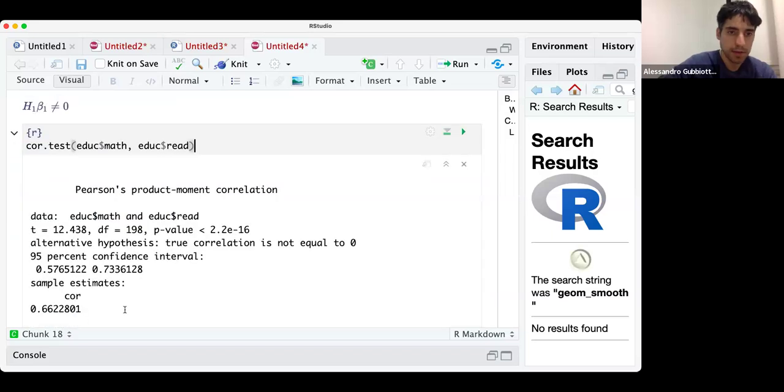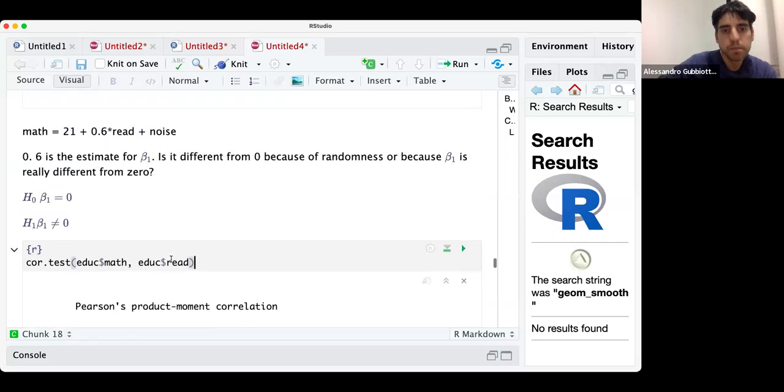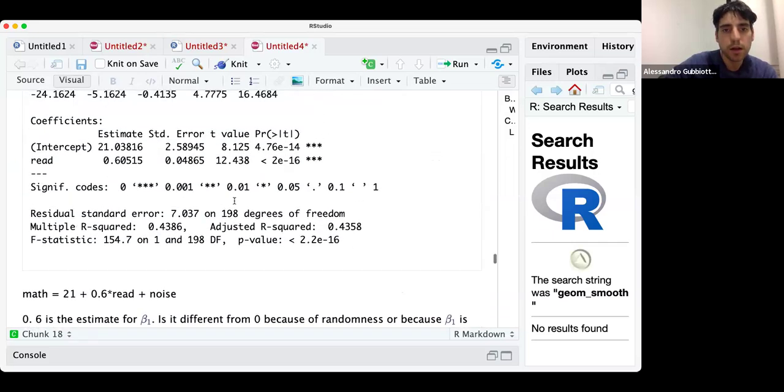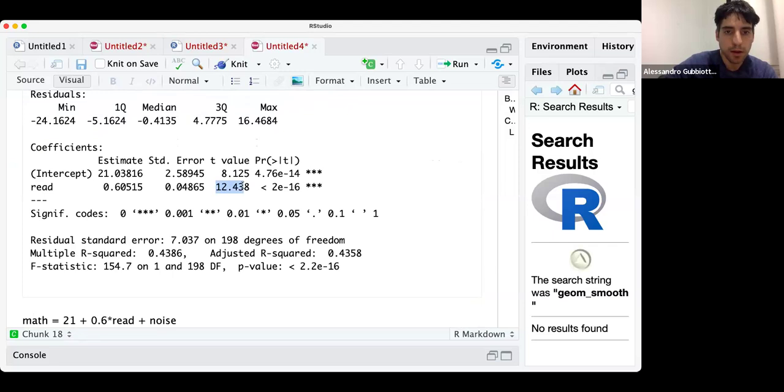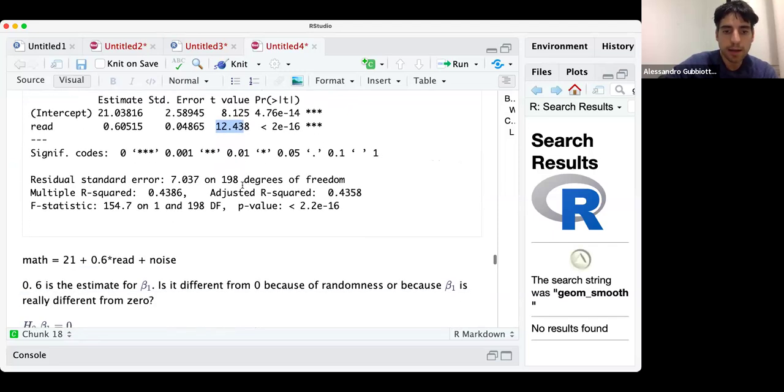So let's see what happens. Well, t is 12.43. We go here and we see 12.43. So these are exactly the same test. So many tests repeat themselves.